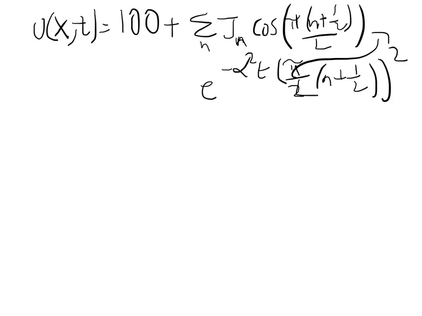That's minus alpha squared k squared t. It's a little messy.